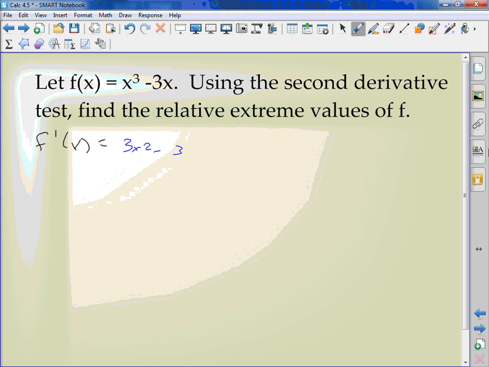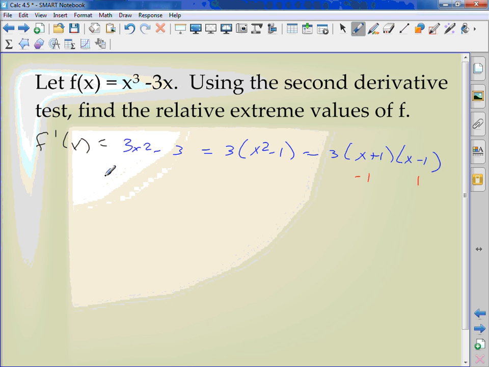Actually, it doesn't matter which way we do it. I can try to factor it, or I can set it equal to 0. I'm going to try to factor it. I pull out a 3, and I'm left with x squared minus 1, which I should know is 3 times x plus 1, x minus 1, which means I have a 0 at negative 1 and 1.